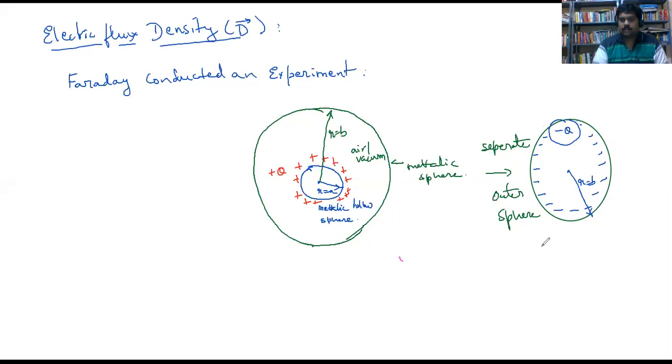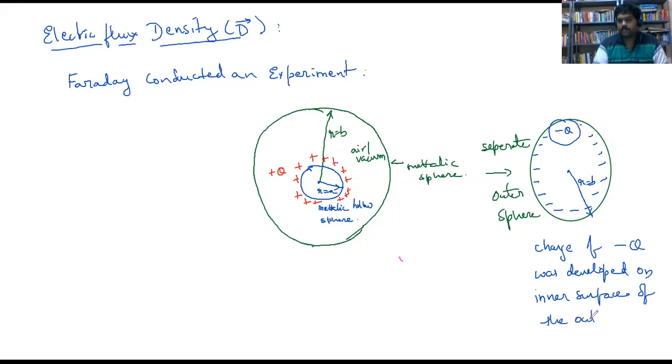Okay, so a charge of minus q was developed on the inner surface of the outer sphere. So this is called Faraday's experiment. Very short experiment, nothing elaborate about this.